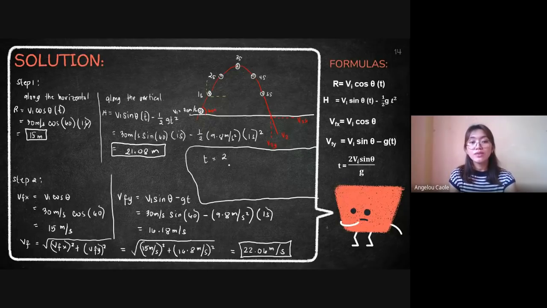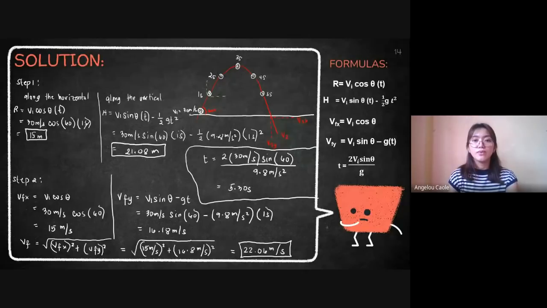Take note, do not use the final velocity after 1 second, because we are looking for the total flight, therefore start with the initial velocity. So 2 times 30 meters per second sine 60 divided by 9.8 meters per second squared. So the answer here is 5.30 seconds.